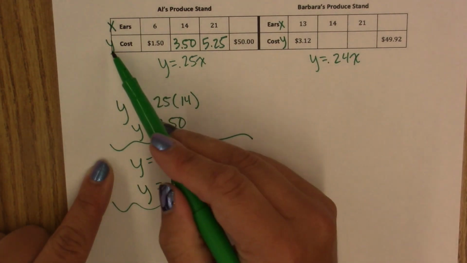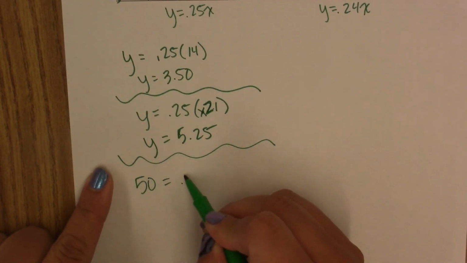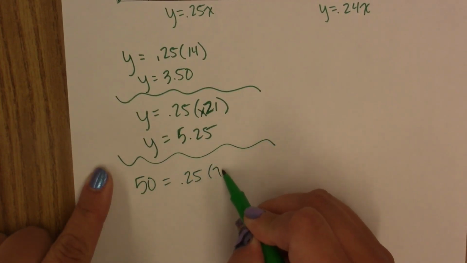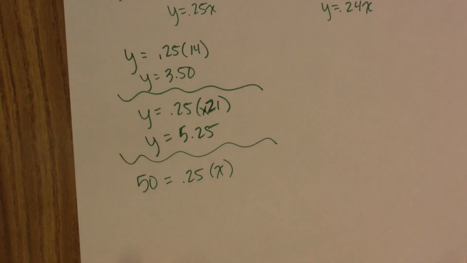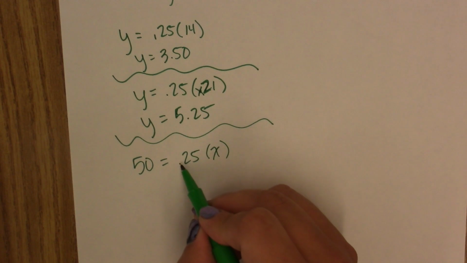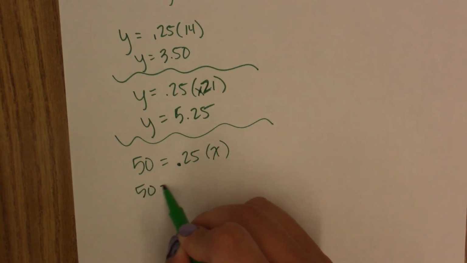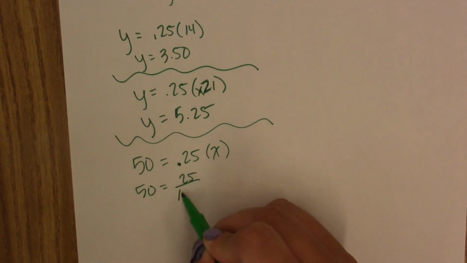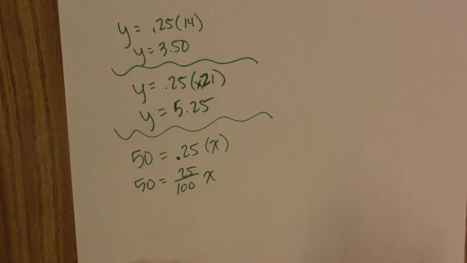Okay, now on this one I have a y value of 50. So 50 equals 0.25 times x. To write this so I can work it, I'm going to make this into a fraction, and I know this is 25 hundredths, so I'm going to rewrite this as 25 over 100. Now you can go ahead and simplify that down to 1/4 if you would like to.